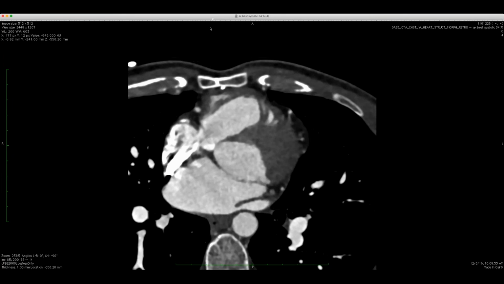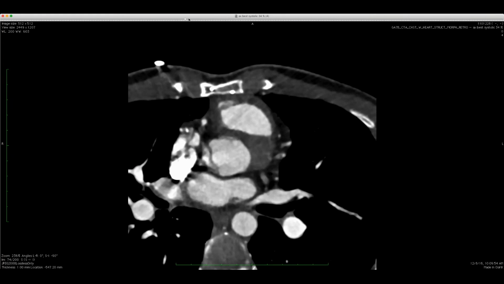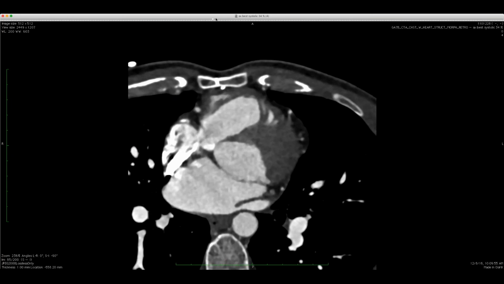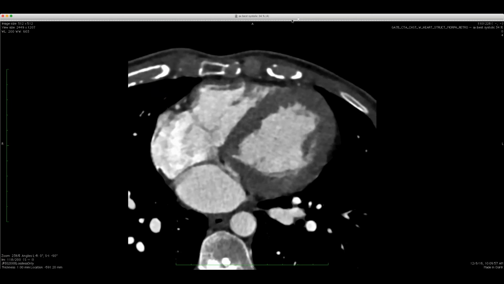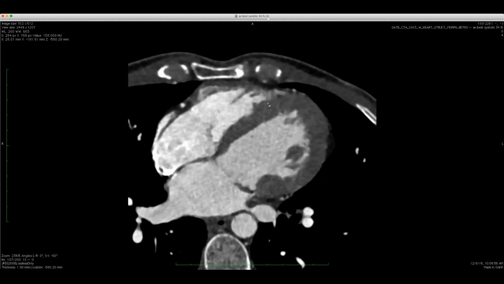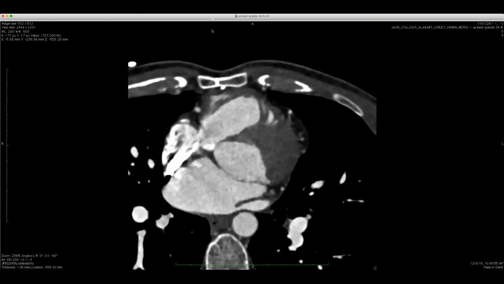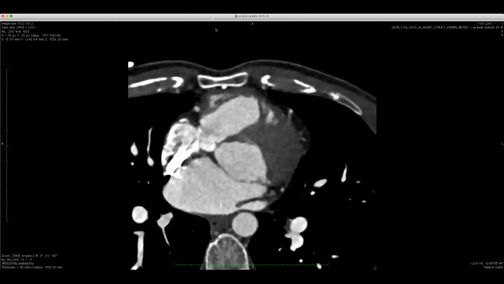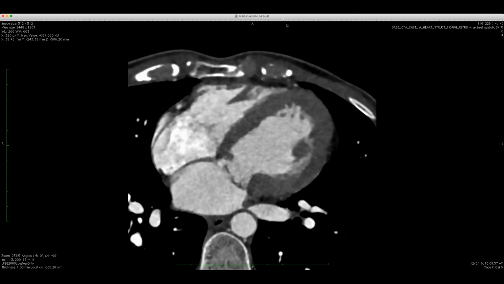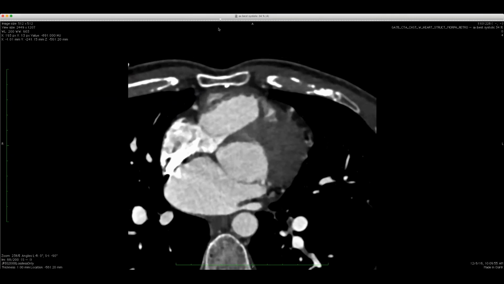And I'm not showing you the other CTs they've had, but in the past, these stenoses were seen as well. And what I really didn't know at the time was that not only can Williams syndrome give you supravalvular aortic stenosis, but also it can give you congenital pulmonary vein stenosis, and this is one of the first ones that I've seen where that was actually the case in Williams syndrome.